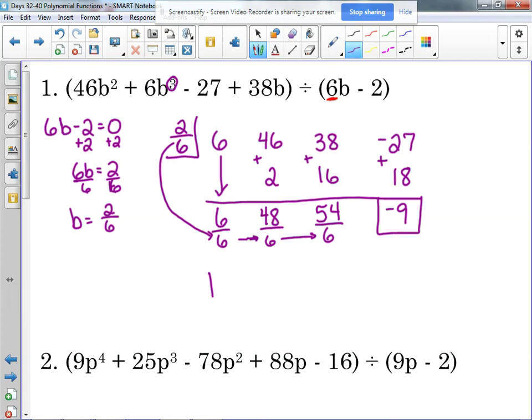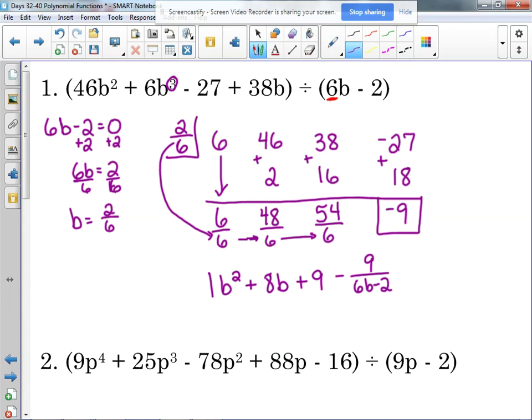Our original problem was b cubed, so that's b squared. 48 divided by 6 is 8. So that's b. 54 divided by 6 is 9. That's our constant. And then we put our remainder over our divisor. You never, ever, ever divide the remainder.